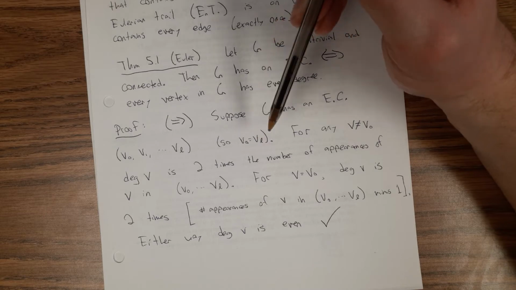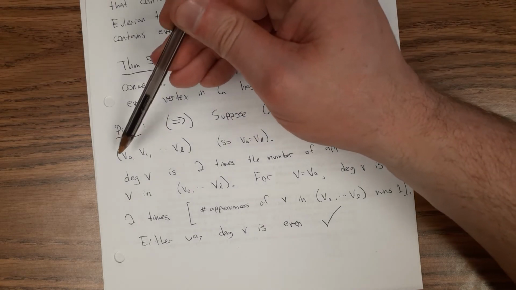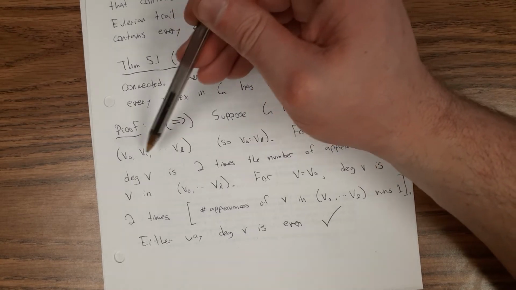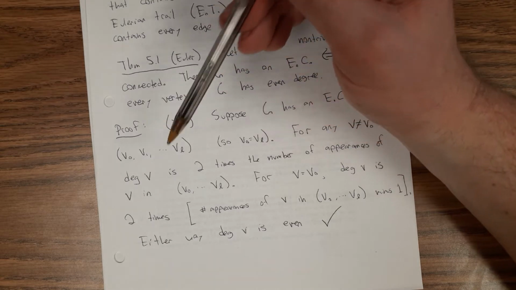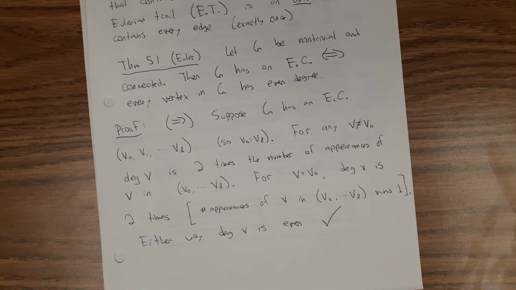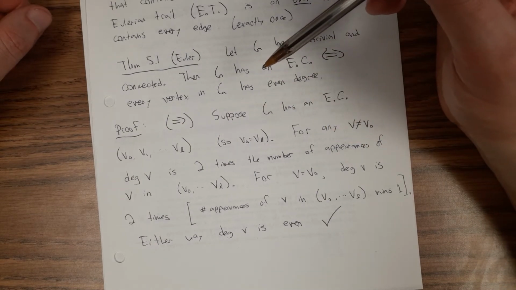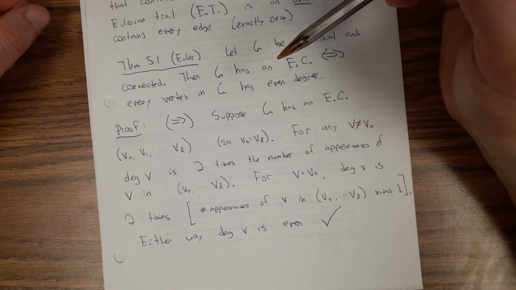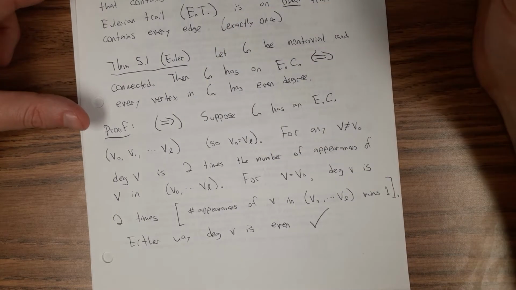The first and last vertex have to be the same. And in general, a vertex could appear multiple times. Like there might be the same vertex that's V naught, and then it's also V3, and then it's also V7. It might appear a bunch of times in this sequence. So that's what we have to think about.